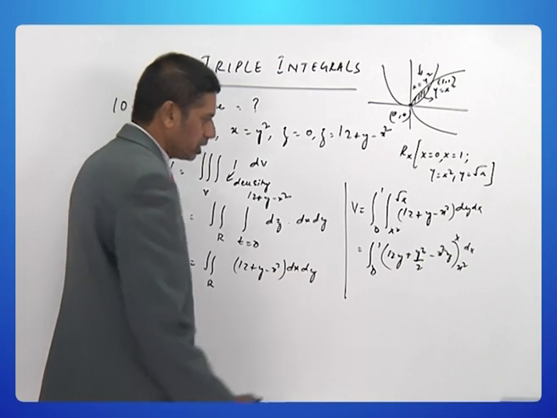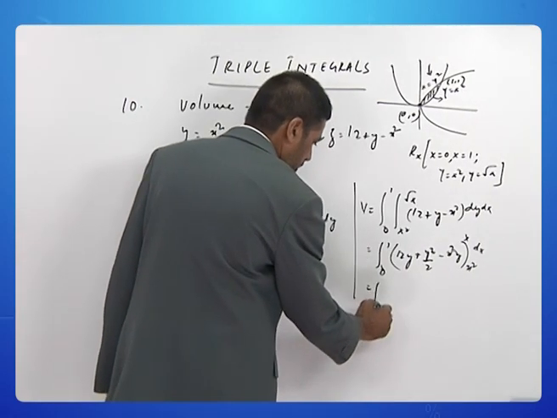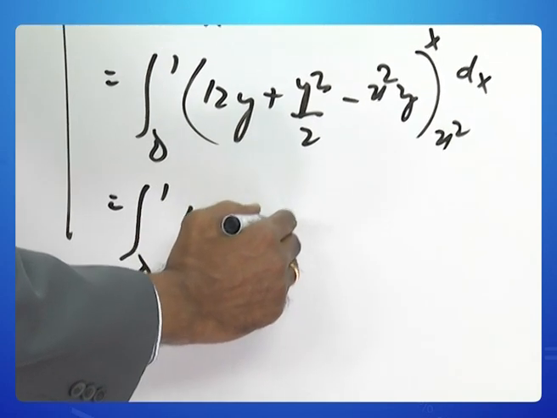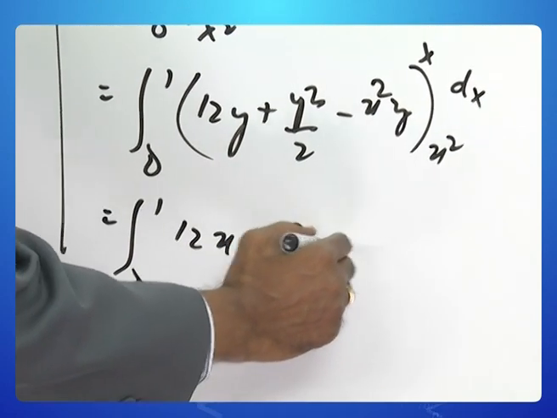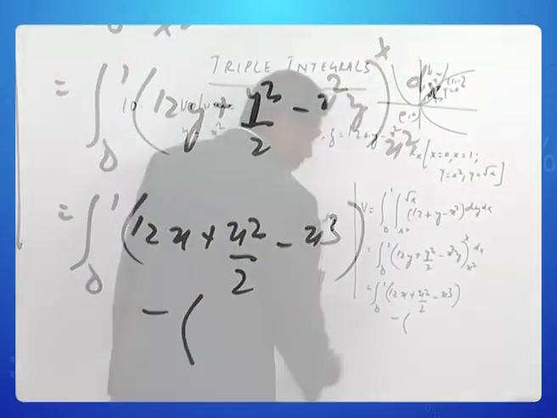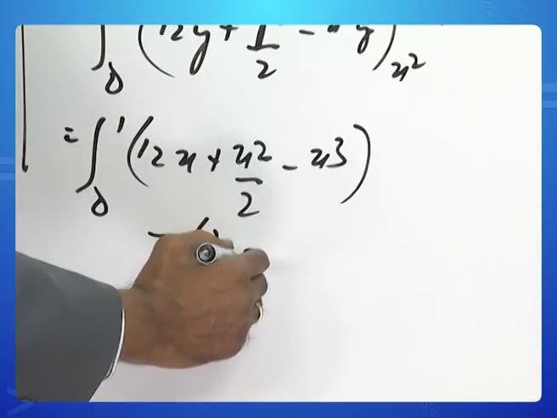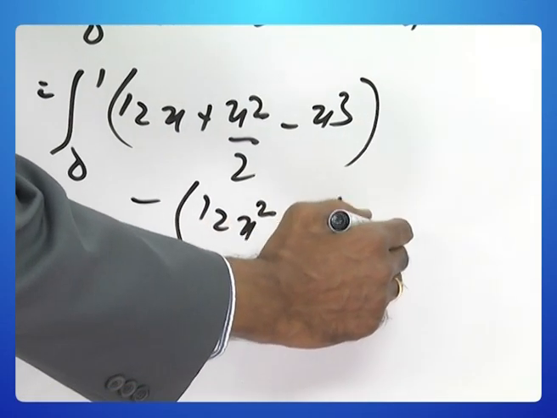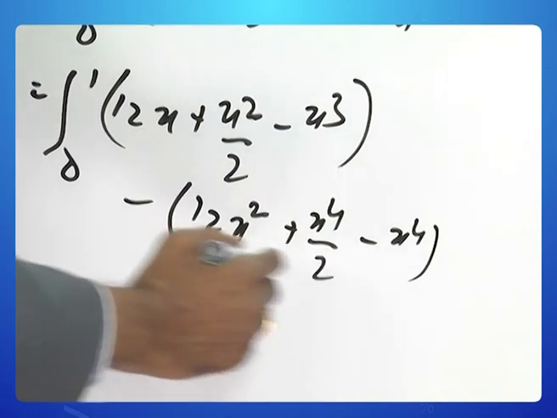So I'll just substitute the limits for you. 0 to 1, 12x plus x square by 2 minus x cube minus of 12x squared plus x power 4 by 2 minus x power 4.